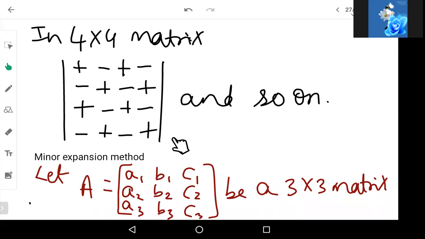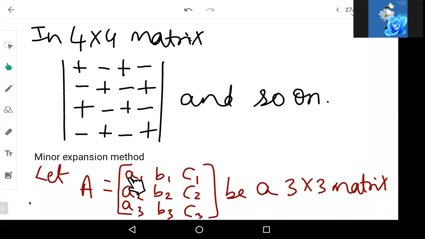Now these sign positions in the determinants are very, very helpful when we solve the problems. Okay, so let us see the minor expansion method, how it will be done. Now coming to the minor expansion method, let A be a 3 into 3 matrix. They have not given you any numbers.